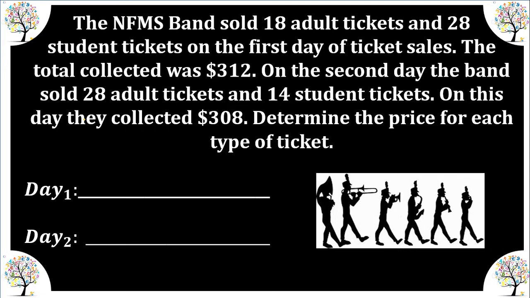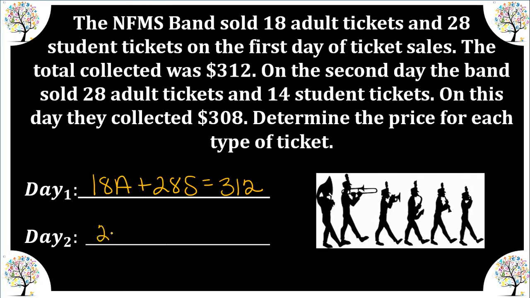So let's represent day 1. We don't really have a rate of change that's given to us directly. So we're going to have 18 adult tickets plus 28 student tickets, and be careful when you use an S for a variable that you don't think of it as a 5 when you're working, equals a total of 312.